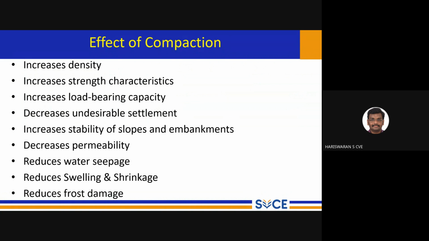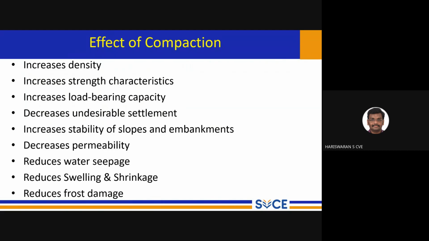Next is strength. Density is directly proportional to shear strength, so automatically strength characteristics also improve. Then load bearing capacity. If loose soil has a capability to take some stress, then after compaction the load carrying capacity also increases, right? Then we can reduce undesirable settlement.